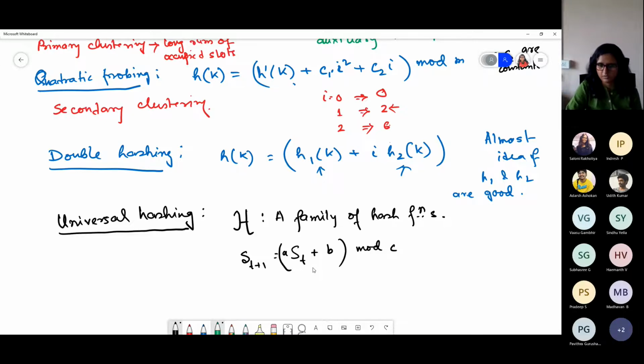This is my hash function. Here s_t depends on the previous hash value, and here I didn't use this k, right? So somehow I have to incorporate k.